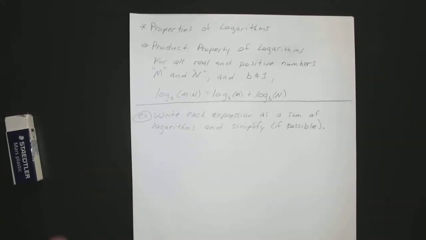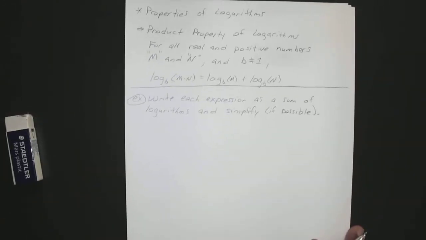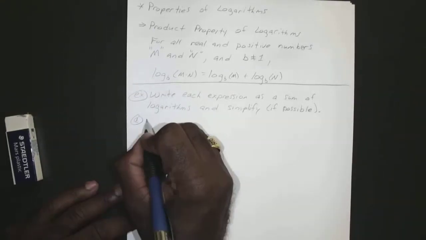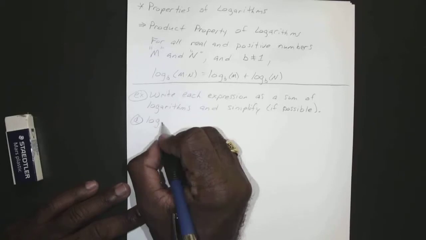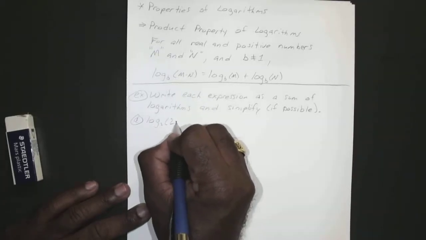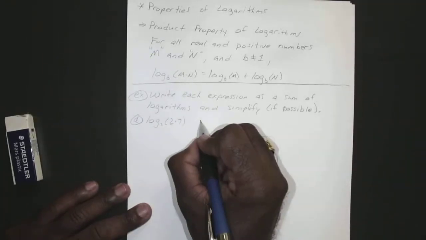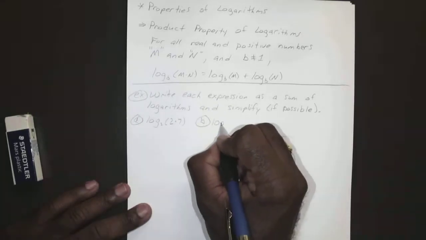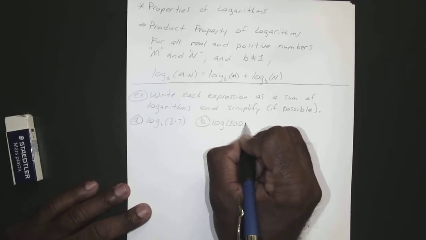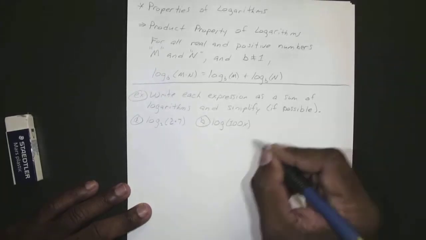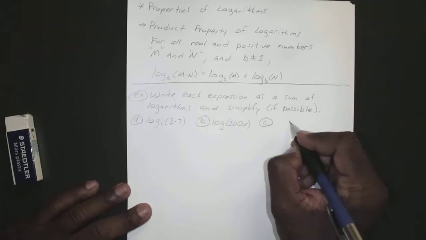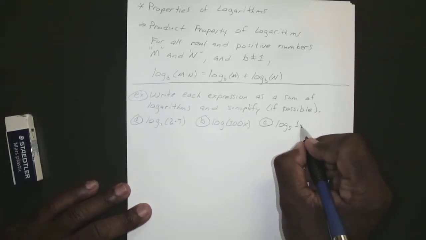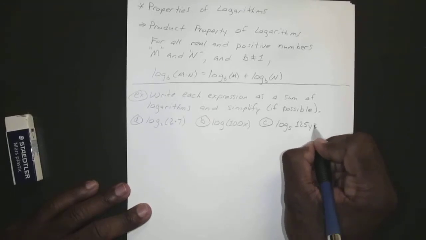Some you can simplify, some you won't be able to. So let's say for problem A, log base 2 of 2 times 7. Problem B, log of 100 times x. And let's say for problem C, log base 5 of 125 times y times z.